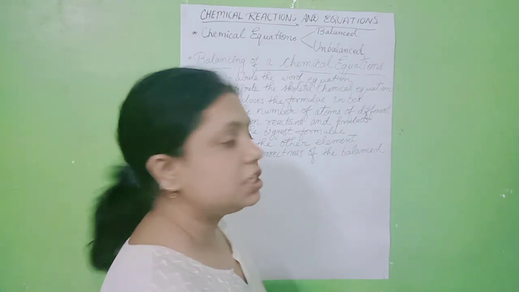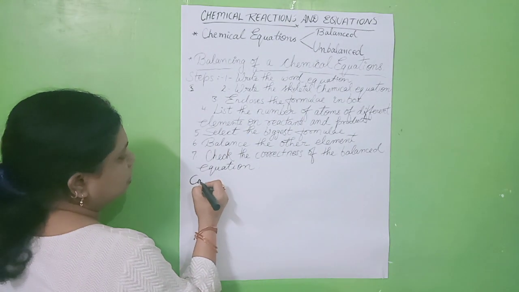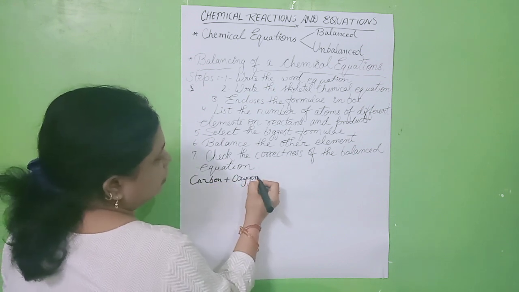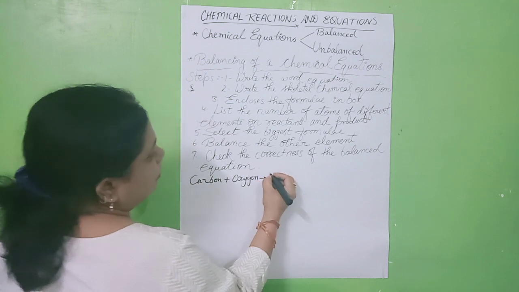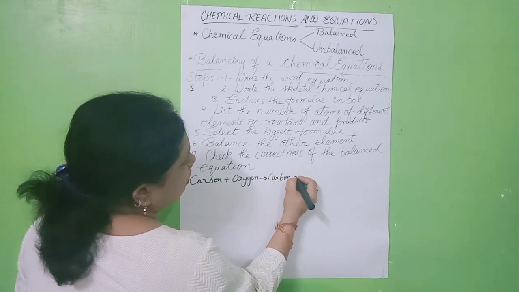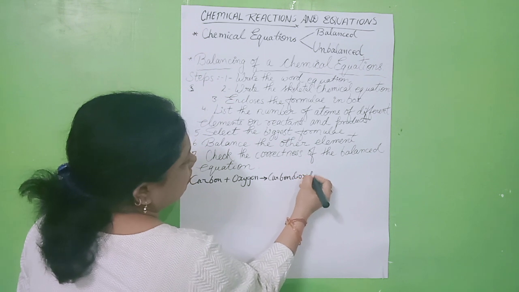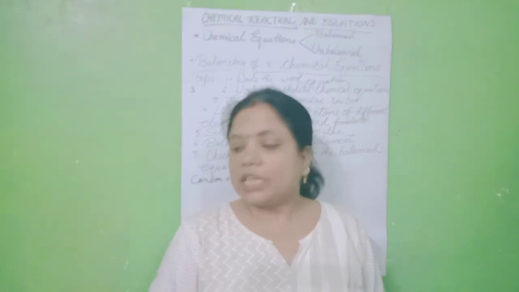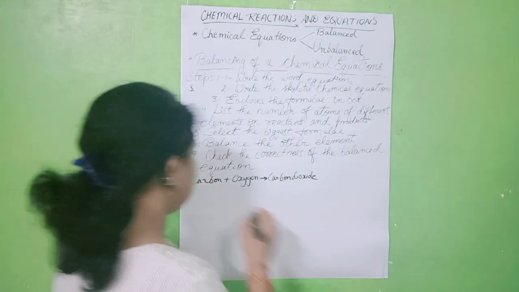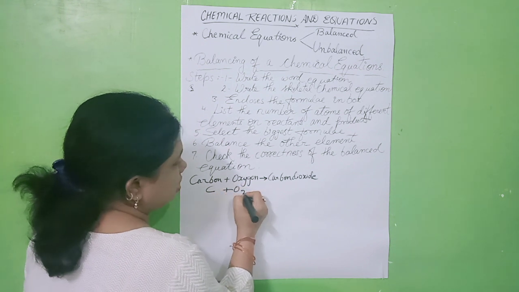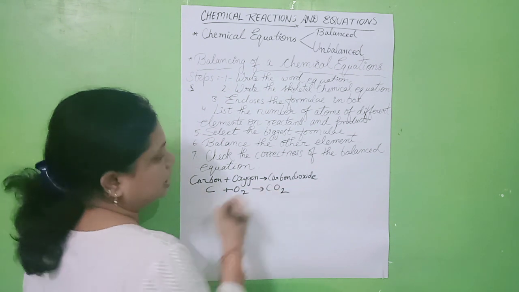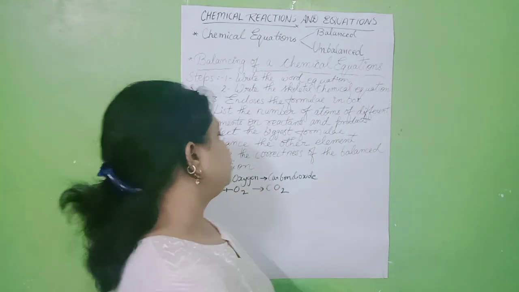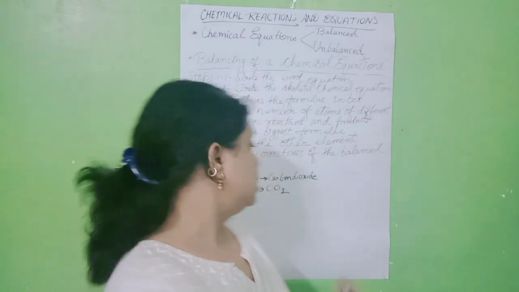So in a word equation, what we write is carbon plus oxygen, it will form carbon dioxide. Right, students? And it is a word equation. And when we write in symbols, it will be carbon plus oxygen, it will form carbon dioxide. Right. So these are the representations of a chemical equation in words and in symbols.